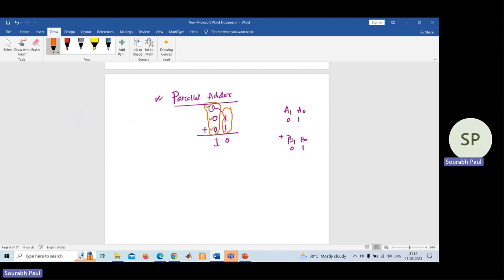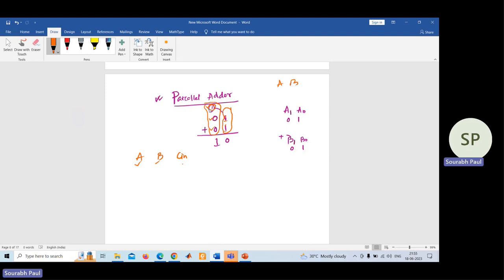In this case, a half adder cannot be used because a half adder has only two inputs. The possible solution is the full adder, because in a full adder you have three inputs. The two main inputs are A and B, and along with that you can consider carry in also. So the possible solution is full adder.